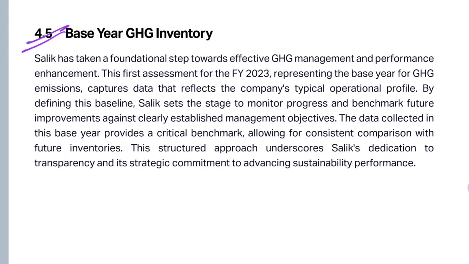Base year GHG inventory. The company has taken a foundational step towards effective GHG management and performance enhancement. So the first assessment, for the financial year 23, represents the base year for GHG emissions, capturing data reflecting the company's typical operating profile.